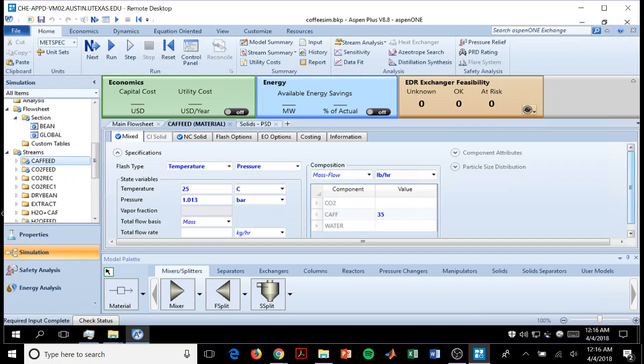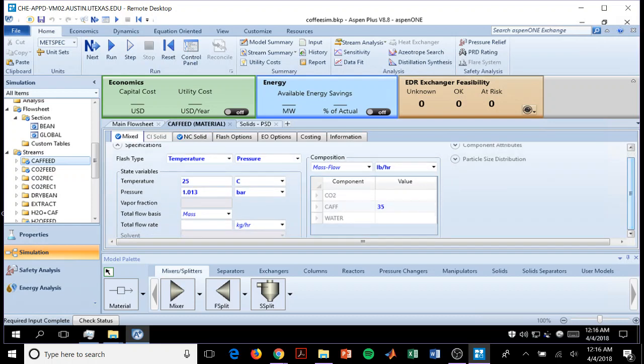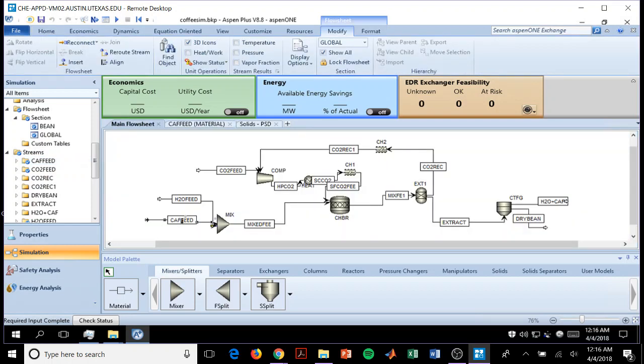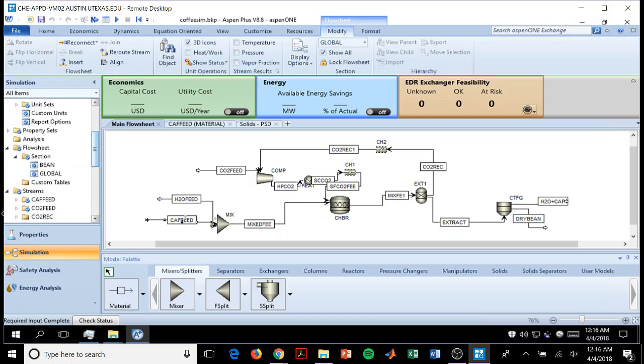And right here you have to also define your mixed stream, which would be your caffeine in this case, and it is at normal conditions. And so one of the things that you notice that you probably have not seen before is these manipulators. What these manipulators do is they transform two different parts of the flow sheet.